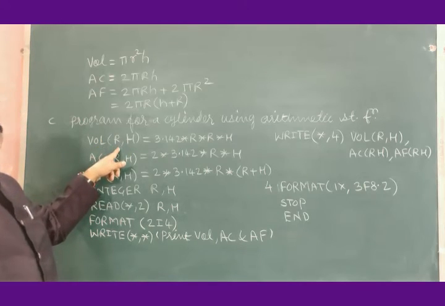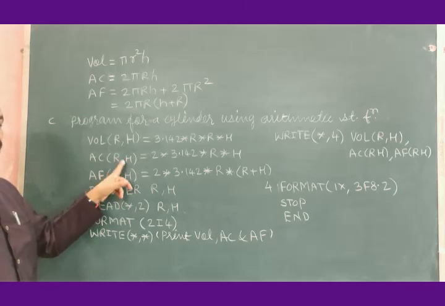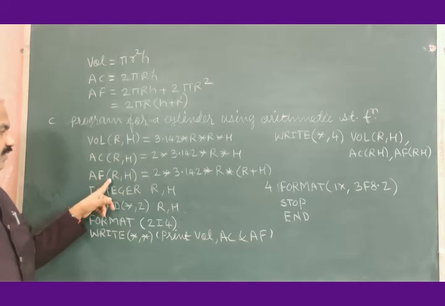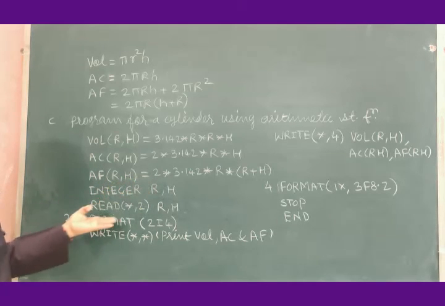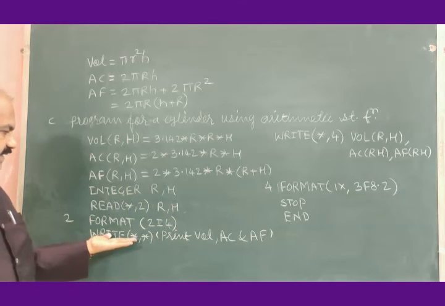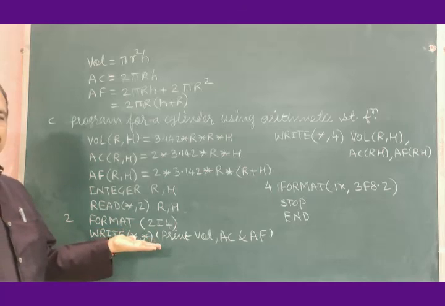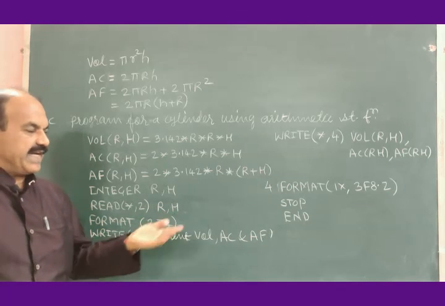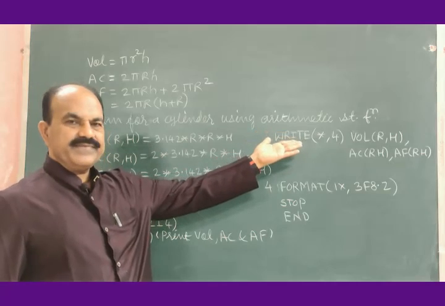This is a function of these two arguments. This is a function of these two arguments. This is a function of these two arguments. Very simple. Then R and H defined, values of R and H are read, and here again one more comment, print volume, AC and AF printed here.